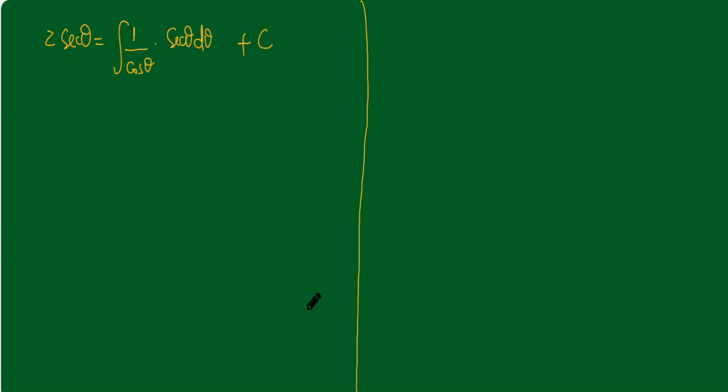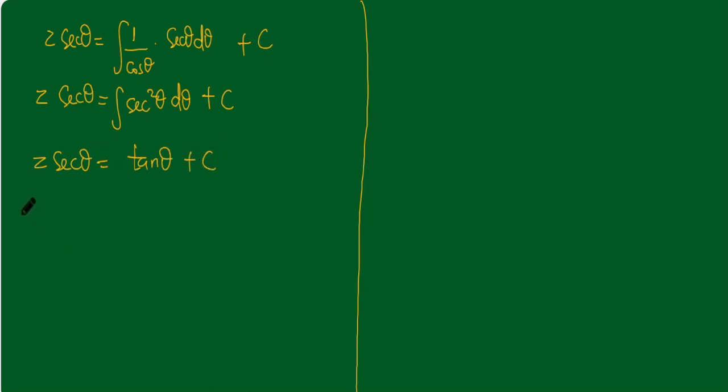So this becomes z sec theta is equal to integral of sec squared theta d theta plus c. And when we integrate sec squared theta, we know the answer is tan theta. So we have z sec theta is equal to tan theta plus c.